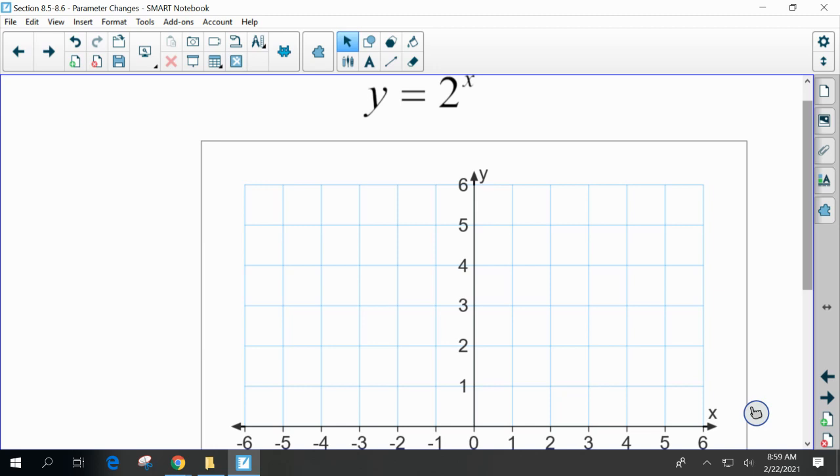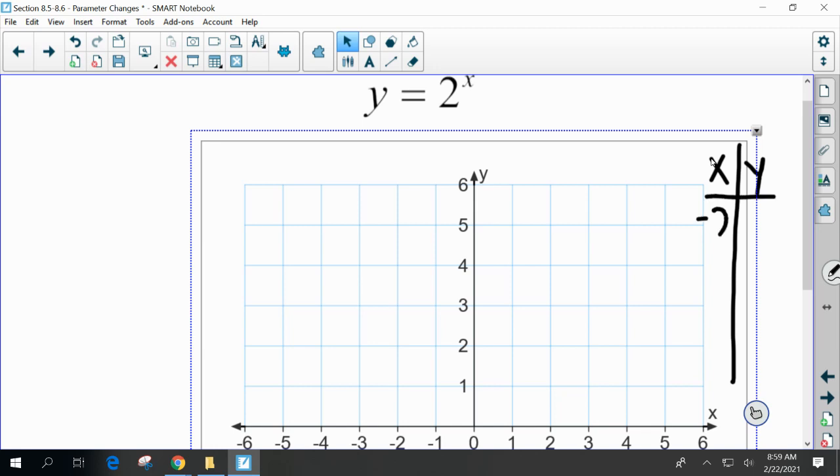So we're going to use that same XY chart. Who remembers what that was? -2. Okay, so then we plug those numbers in.